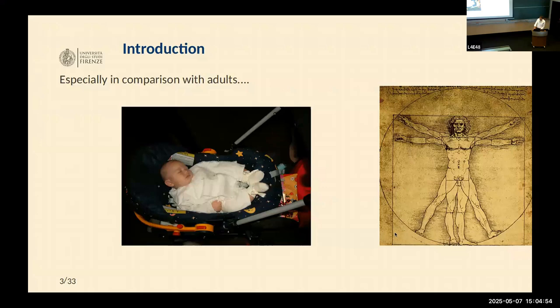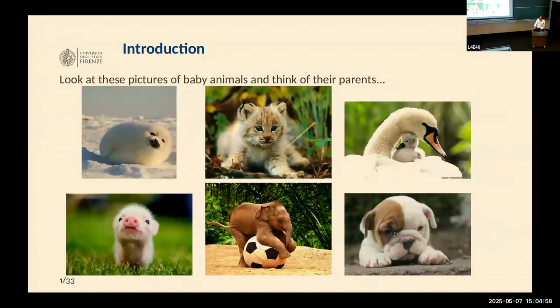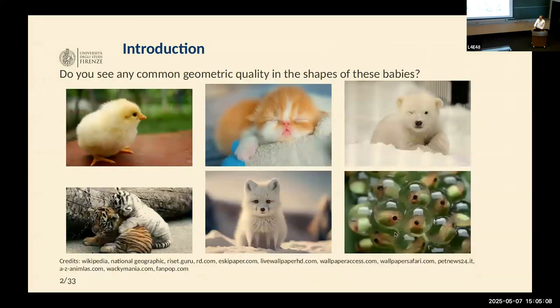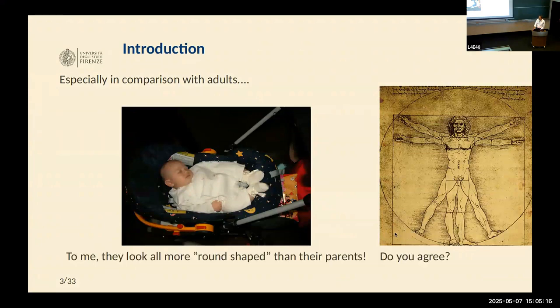Do you think there are some geometric properties that these baby animals have with respect to their parents? This is my impression, not something scientific, but my impression is that they all are more round-shaped than their parents. Do you agree?